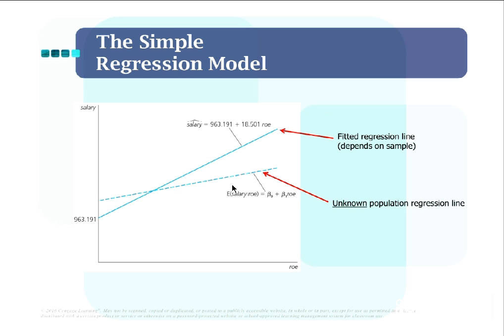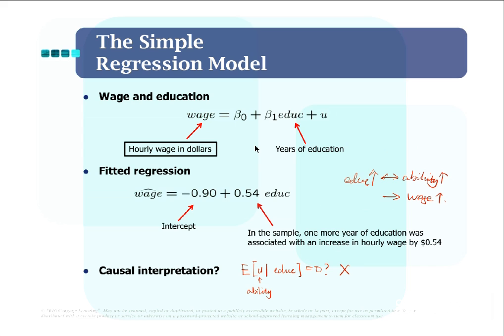We're only guessing that this might be the true one, but the true regression line may be the dotted line. Given the data, it's the best guess. Another example is the wage and education relationship, the simple wage equation.